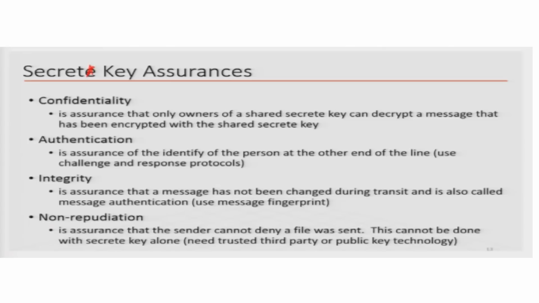Also, if the key is kept secret, then there is authentication, that is, if you receive a message from somebody, you want to know that it is indeed the person who is supposed to send you the message, and somebody is not pretending to be him or her. Now, if you have done the key exchange beforehand with the authentic person, then when you receive the message and you apply your key for decryption and you can decrypt, that means anybody who has sent this message must have the key.